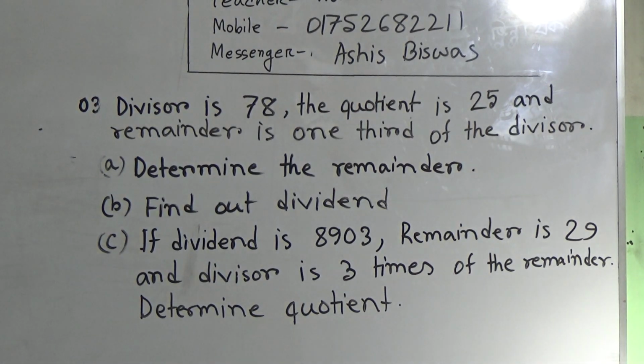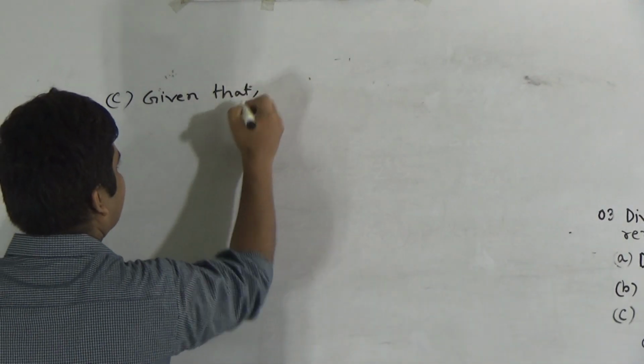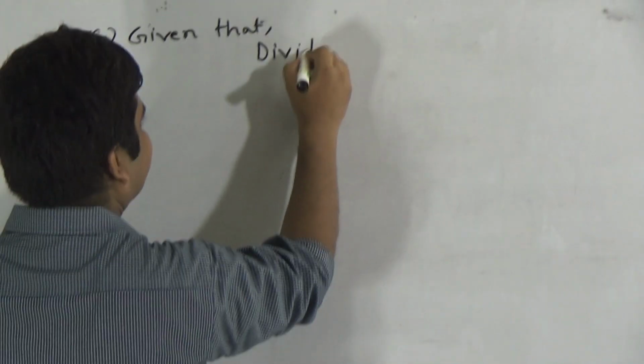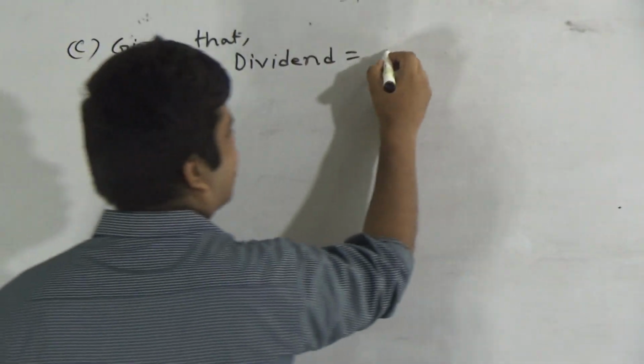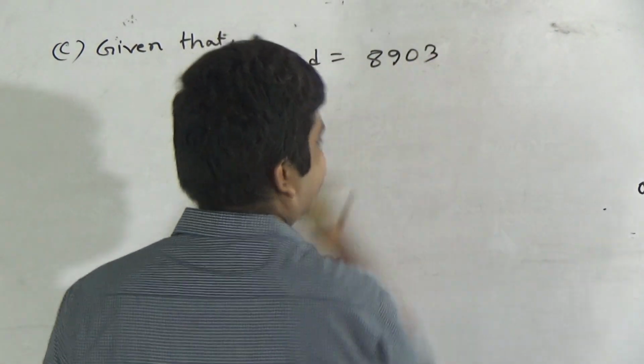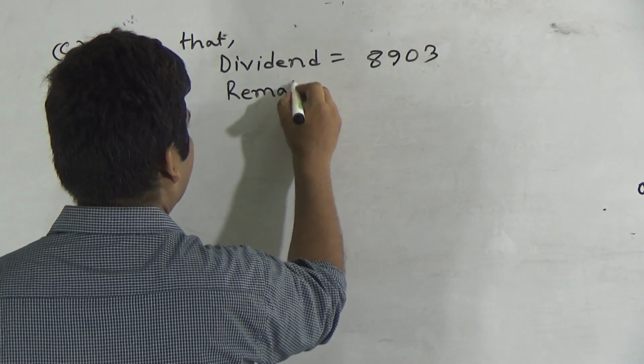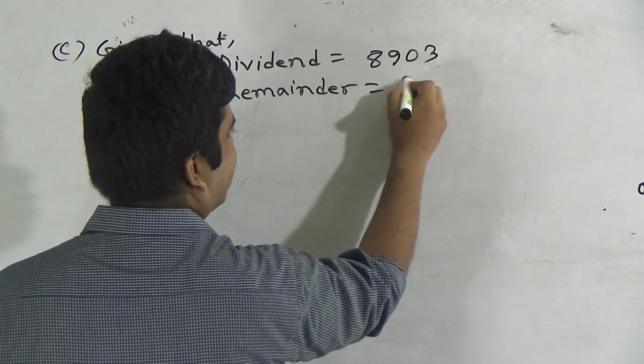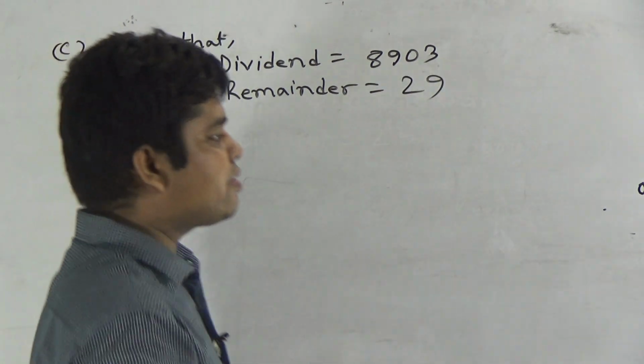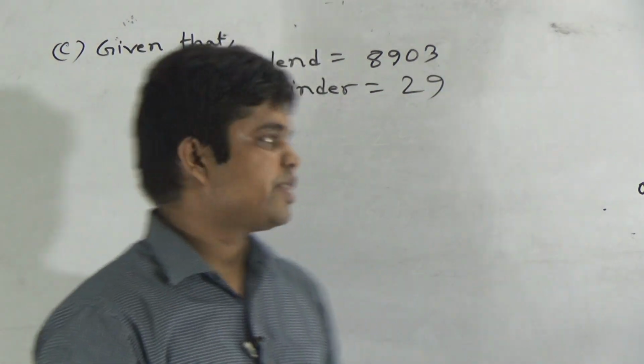If dividend is 8903, so first of all I write given that dividend equal to 8903, remainder equal to 29 and divisor is 3 times of the remainder.